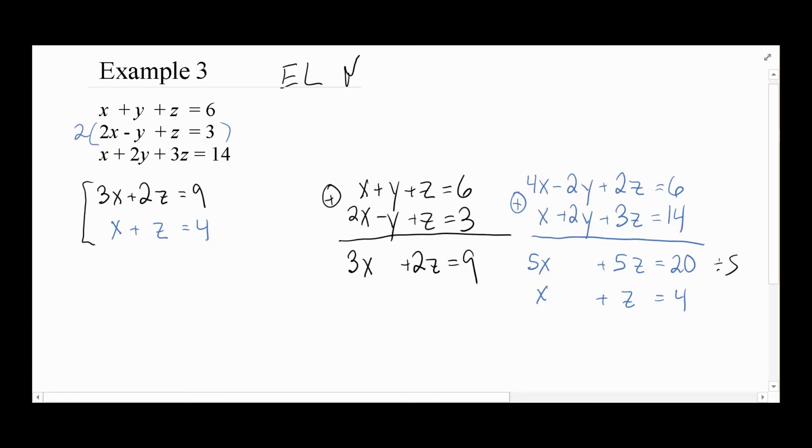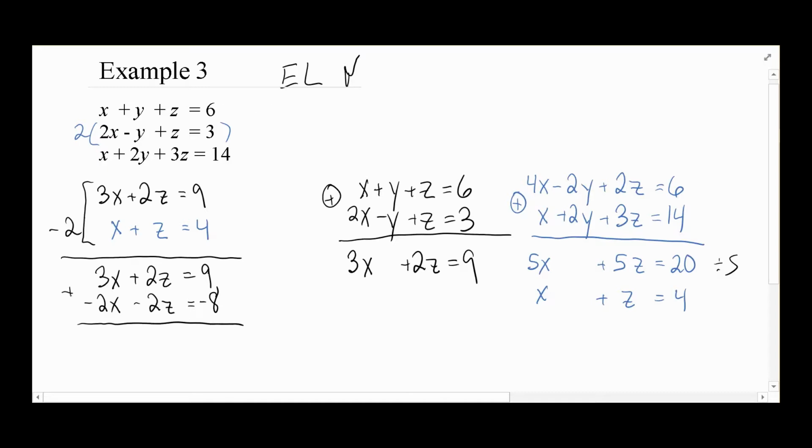So I'm going to go ahead and now try to eliminate, I think the z's probably. I'm going to multiply the second equation by -2. So I'm going to copy down the first equation. And then I'm going to get -2x, -2z equals -8. I'm going to add those together to get x equals 1.